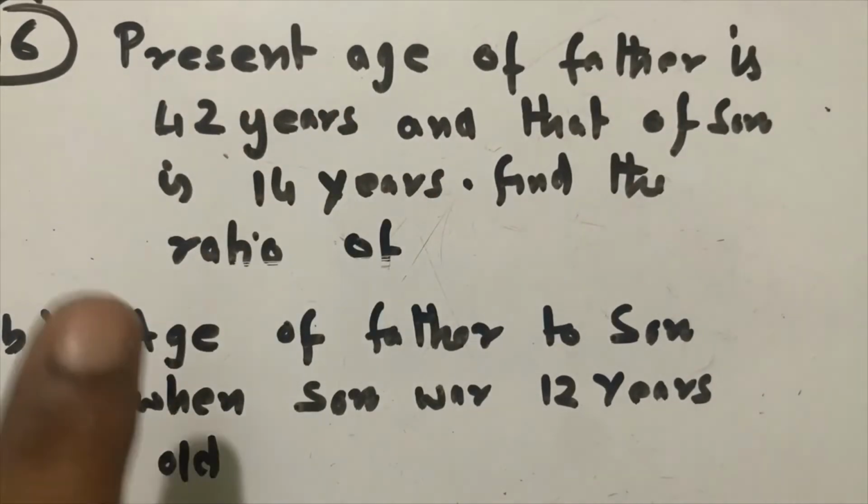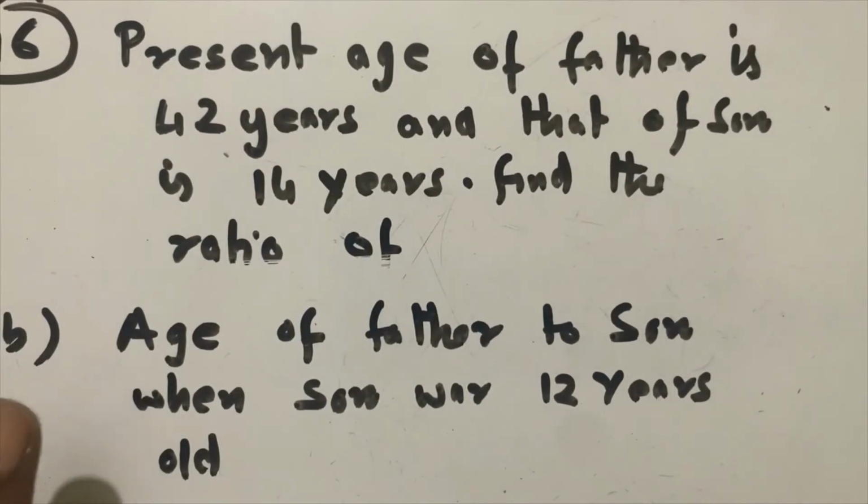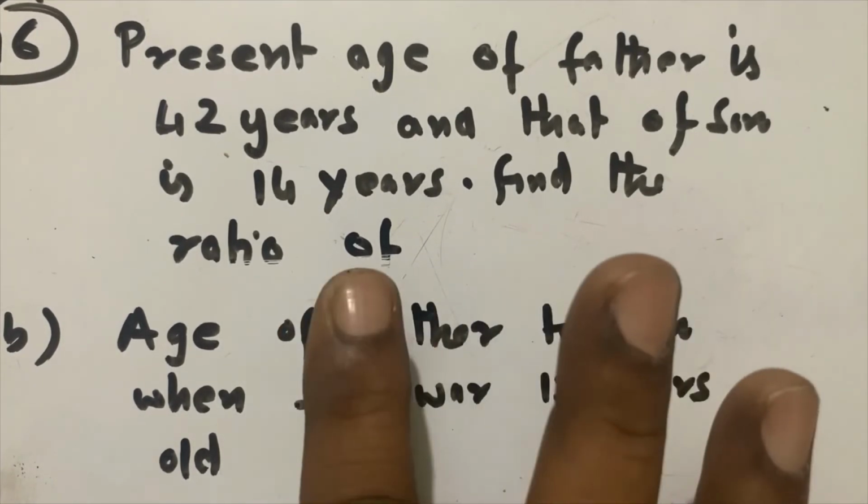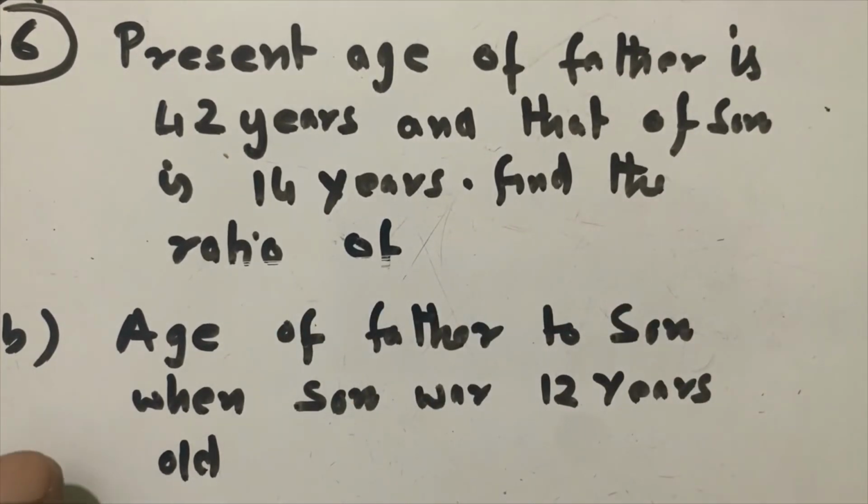Now part B of the question is given, we are going to solve. Present age of father is 42 years and age of son is 14 years. Find the ratio of age of father to the son when the son was 12 years old.